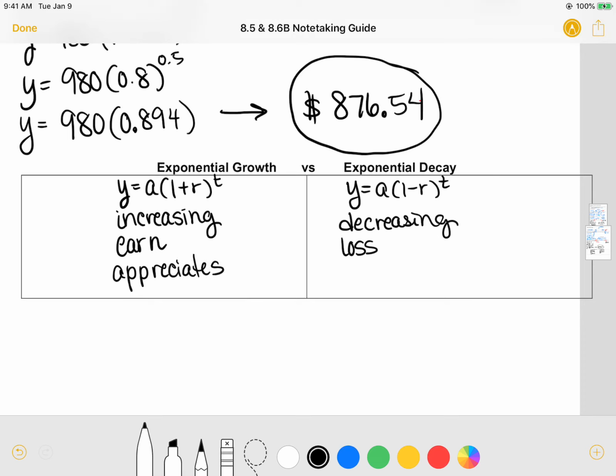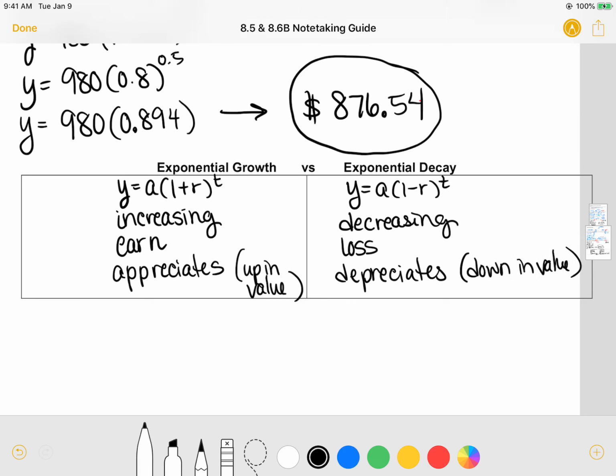It goes up in value. Or the antonym for that would be it depreciates. It goes down in value. Okay? So those are just some words to watch out for when you are solving problems that have to do with exponential growth or decay.